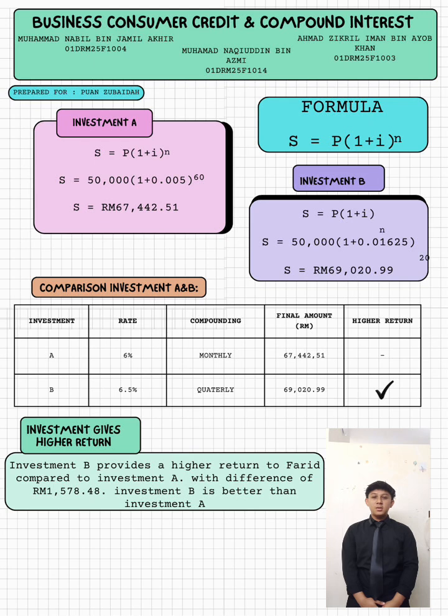The table shows a tick mark under higher return for investment B. This means investment B is better because it gives a higher final amount. The difference is about 1,578 ringgit and 48 cents. So, based on the table, investment B clearly gives a higher return than investment A.